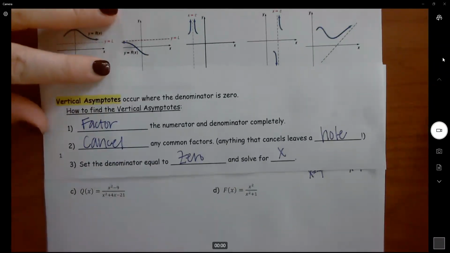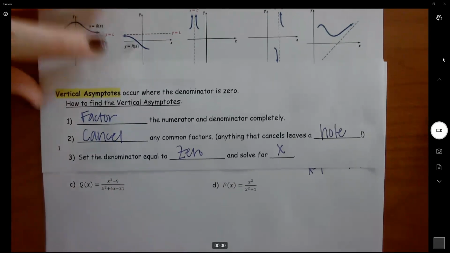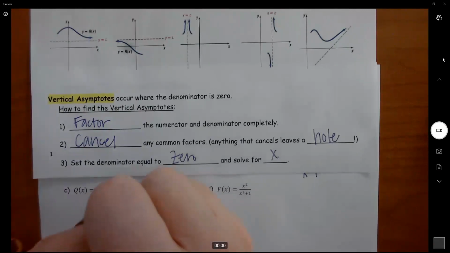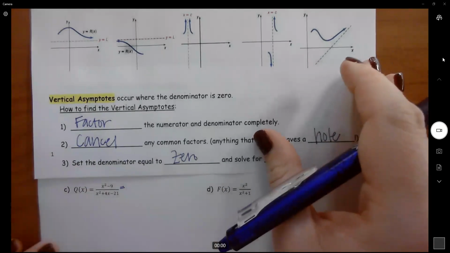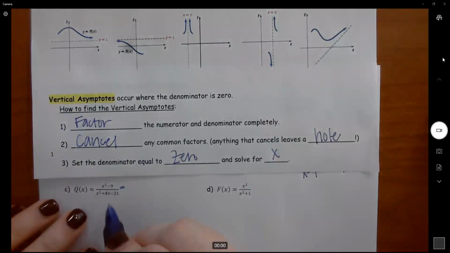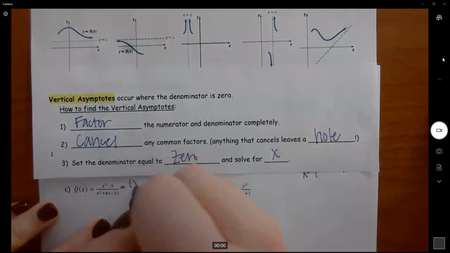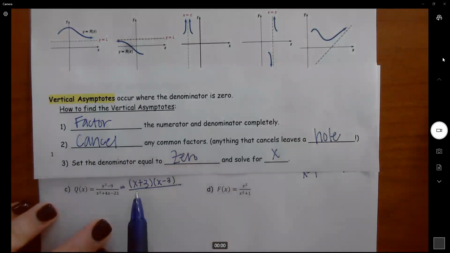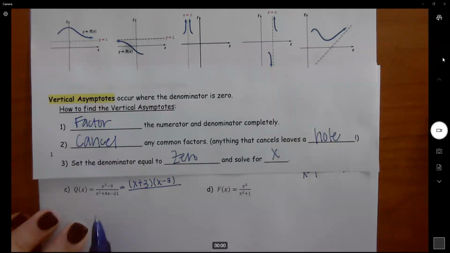Okay, C, we need to factor, and in this one, I can factor both of those. The top is a difference of squares again, so we get x plus 3 and x minus 3, because x times x gives me x squared, and 3 times negative 3 gives me that negative 9. If you FOIL, it will cancel out those middle terms.